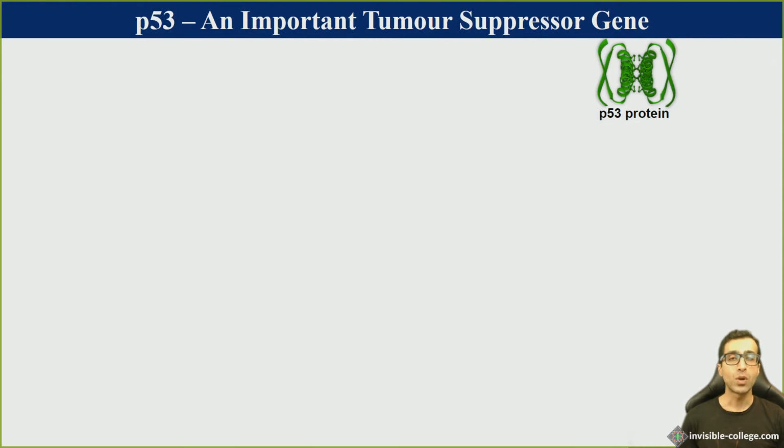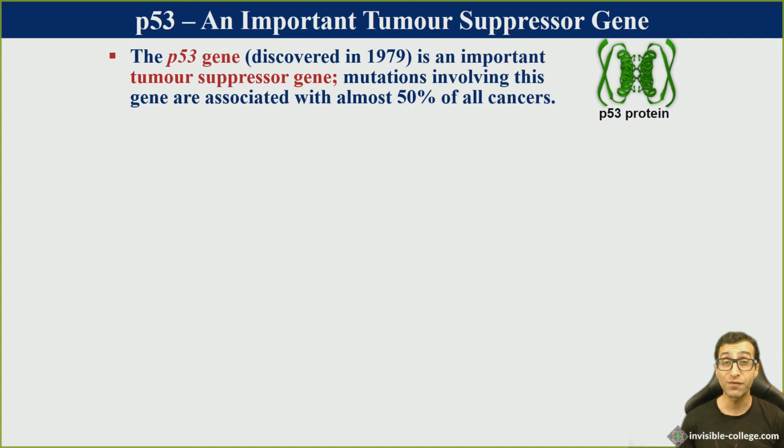One of the most important tumour suppressor genes is the p53 gene. This was discovered in 1979, and it's found to be associated with almost 50% of cancers. Whenever we get mutations of this p53 gene, we find that these typically are at the root of almost 50% of known cases of cancer.